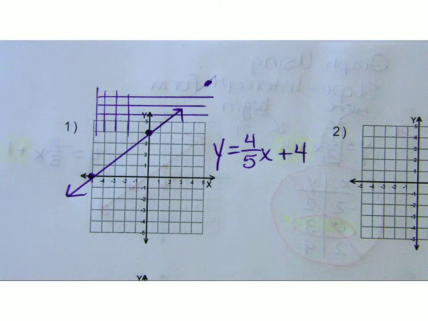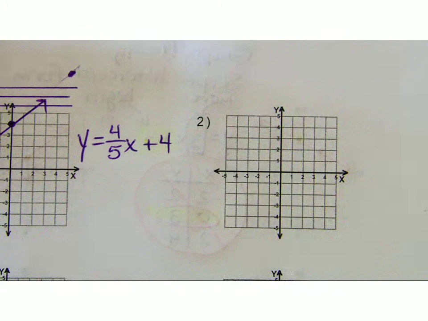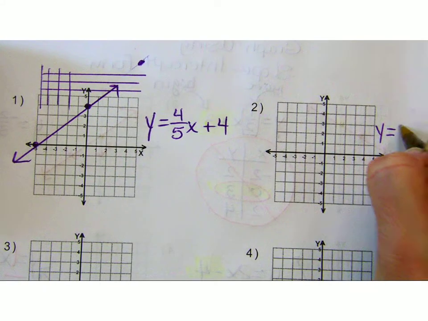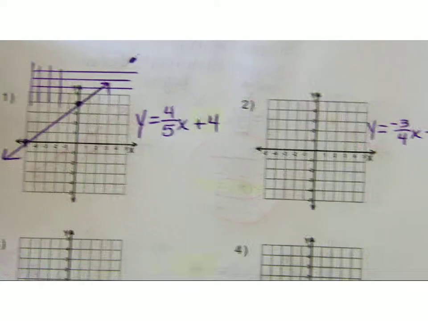Okay? So I would like you to try this one. Y is equal to -3/4 x minus 4. Try that. What are your options at that point?